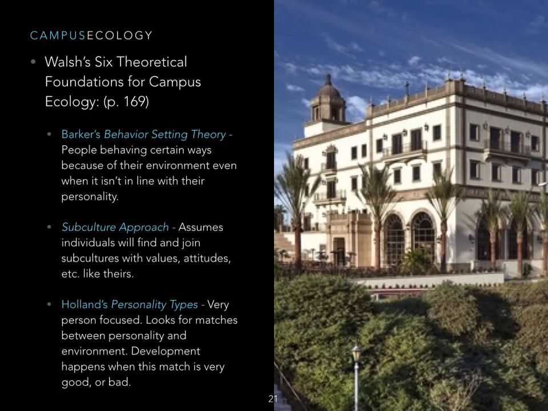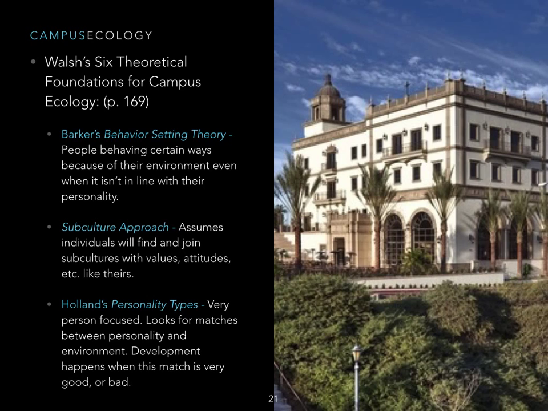If you're not much of a drinker, and there's a fraternity that has a reputation for being high drinking, you would steer away from that and find a fraternity that doesn't drink.